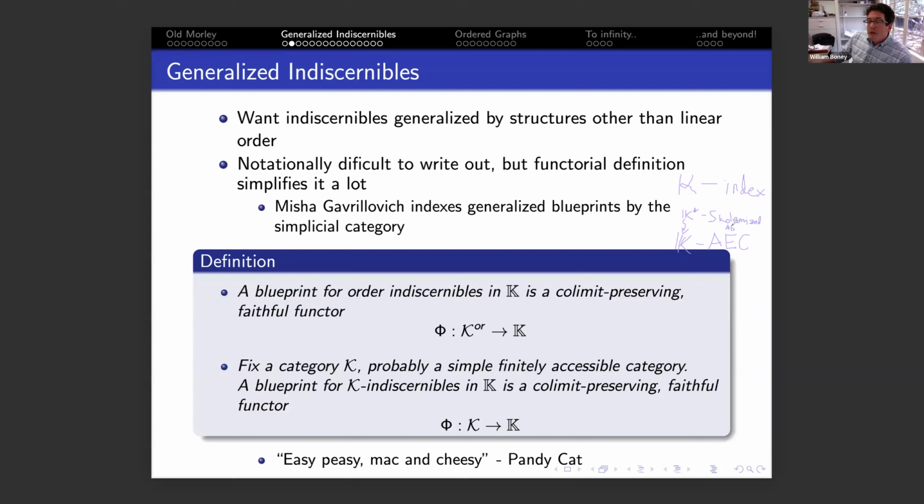When you build blueprints, you Skolemize first and build a blueprint in the Skolemized category. But when you actually use them, you want to be in your original AEC, because you might want to talk about something like stability or the classification theoretic properties that are going to be destroyed via Skolemization.